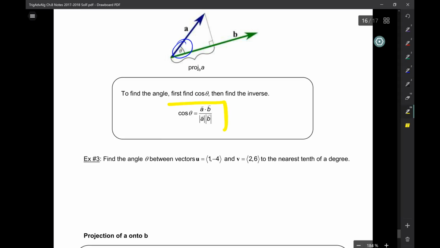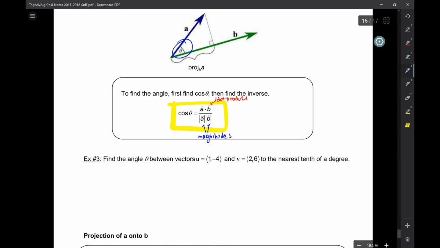This is our handy dandy formula. On top is a dot product, and those absolute value bars are the magnitudes of A and B.